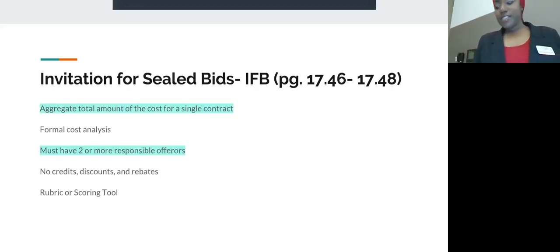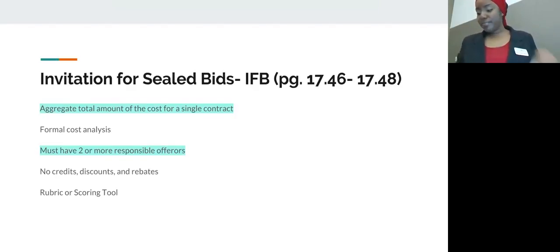All right, so invitation for sealed bids: aggregate total amount of the cost for a single contract. This came up going back to the review, as there were some things that may have gone over or under, where maybe a small purchase method might have been more appropriate than a formal approach.